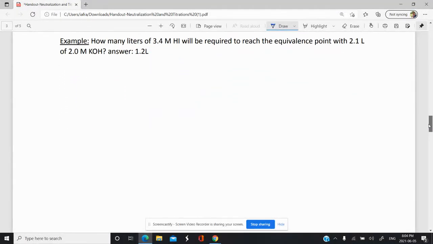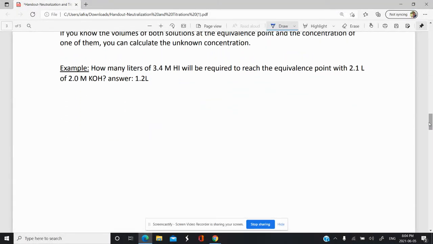So what we're basically asking in that question is, when we say the equivalence point, it basically means how much is required to neutralize. So we're doing a basic stoichiometry problem with acid bases. Let's first of all write out a reaction between the substances that we see here. We have some hydroiodic acid plus some KOH, and we do a double displacement reaction.